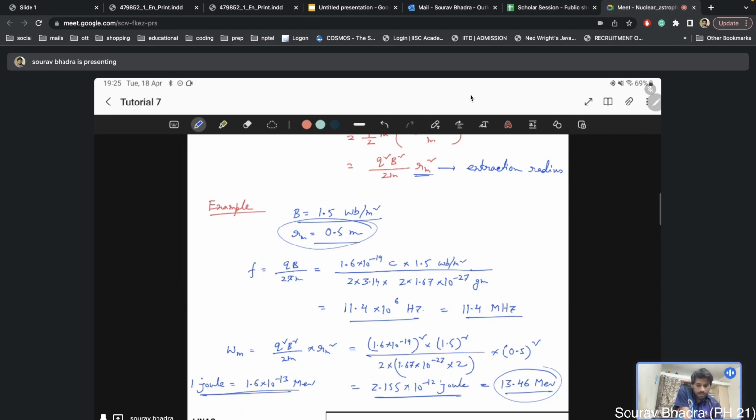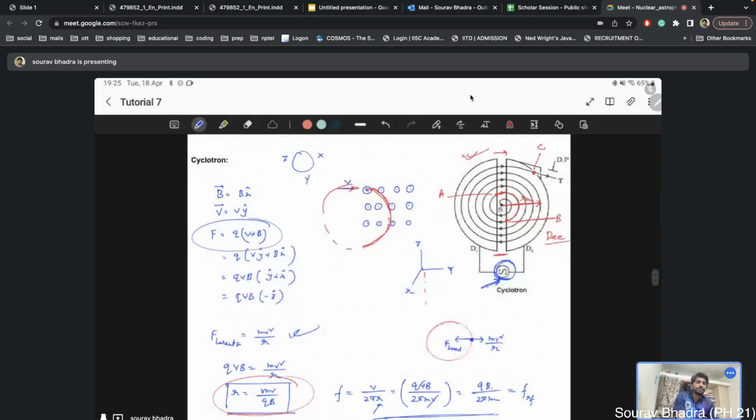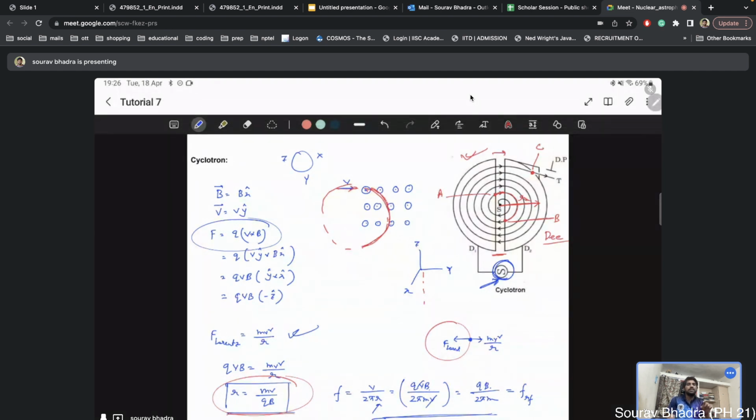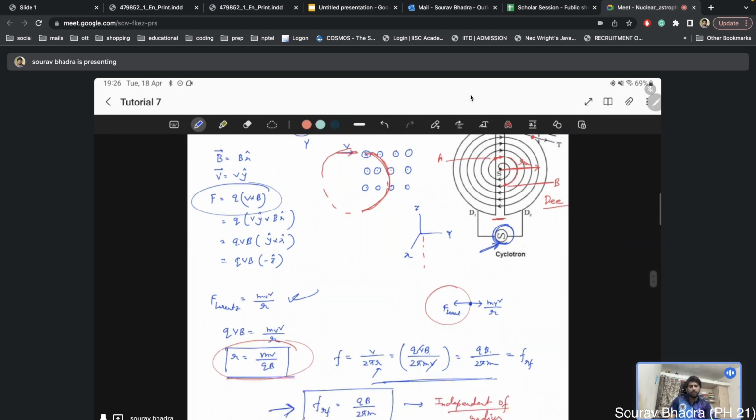So this was the problem. Again, going through quickly: the D makes the circular path, and the gap is the space responsible for the acceleration. Due to the acceleration, the radius is not constant; it increases with every acceleration as the particle passes through the gap. By equating mv square by r to the Lorentz force, you can find the frequency of the particle oscillation.